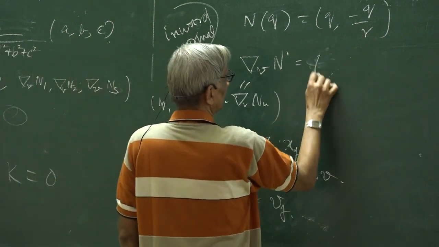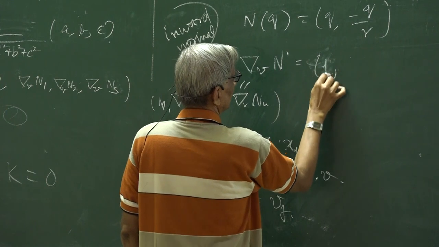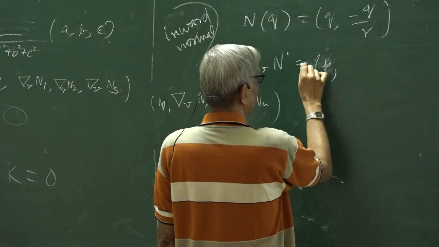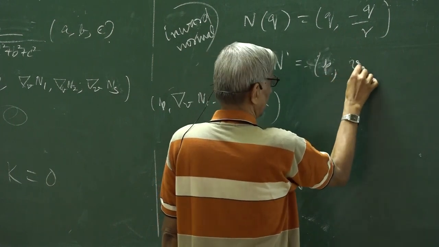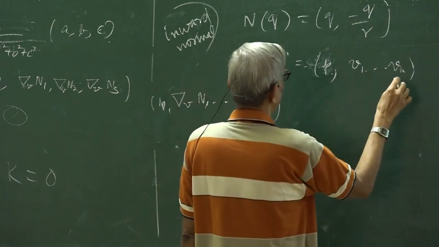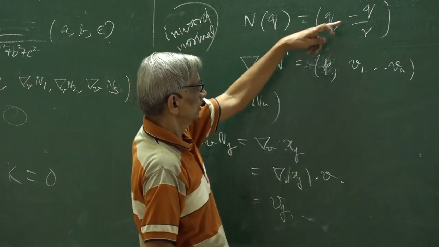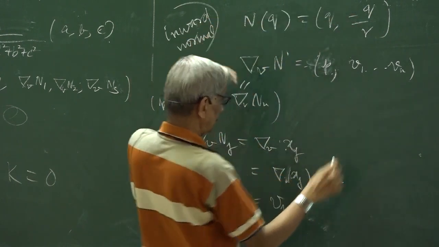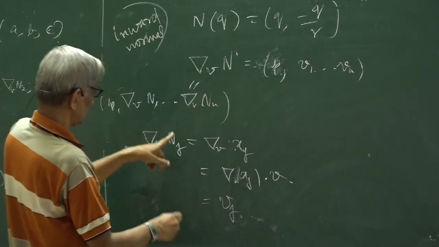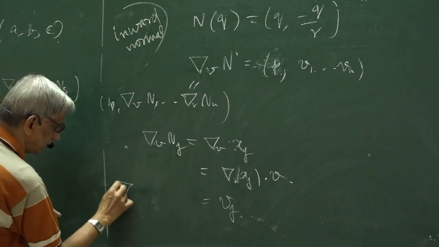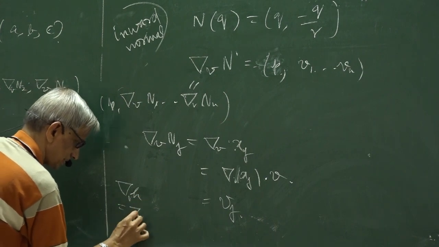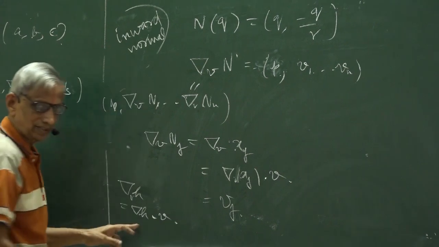So you will just get q or p, whatever it is, with a minus sign everywhere, v1, vn. Okay, so divided by r, 1 over r, and then you have, so this is delta v of h is delta of h dot v, right?